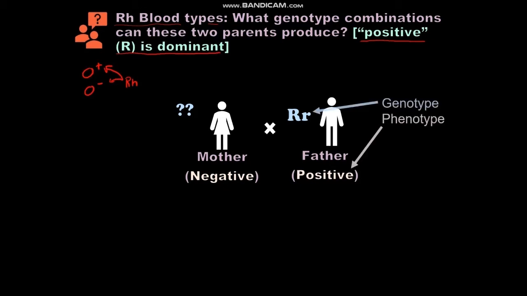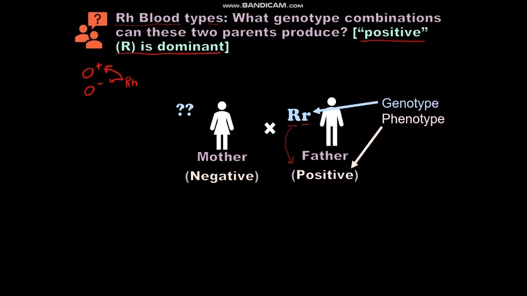Okay. The genotype is what alleles he has. He's a heterozygous individual. He's got one of each kind of allele, dominant and recessive. Because he has a dominant allele, he has also the dominant phenotype here. So that is his situation.